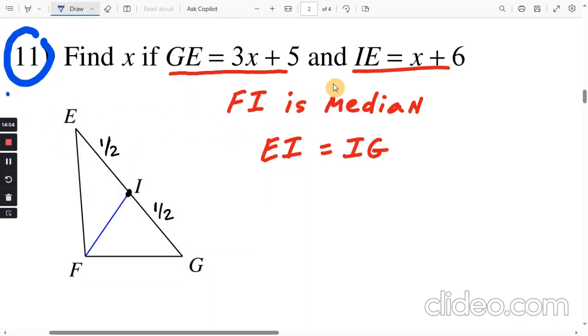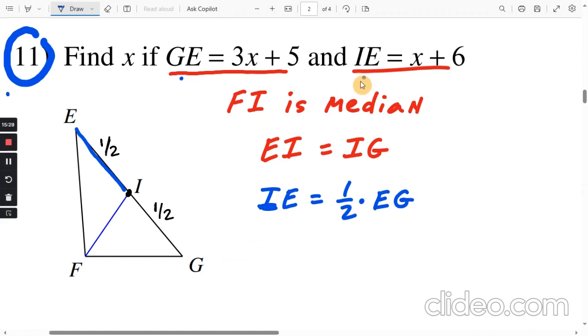We want to use IE and GE. IE is just this portion right here. That's going to be half of the whole thing, which is EG. So IE is going to equal 1/2 times EG. Remember, the order of the two letters doesn't matter. If you have two letters, IE, EI, that's the same thing.